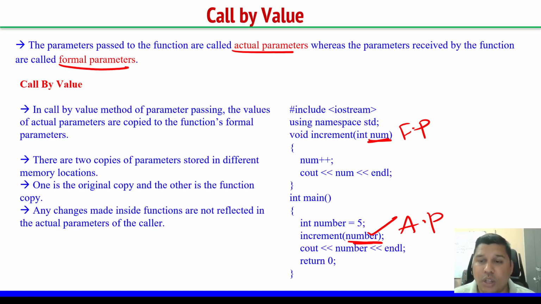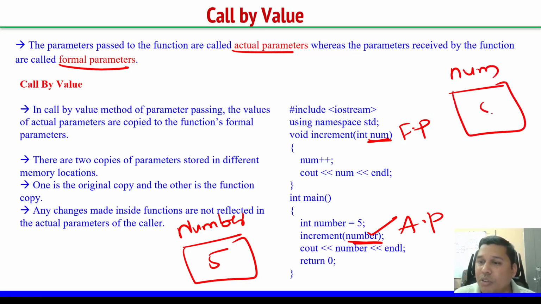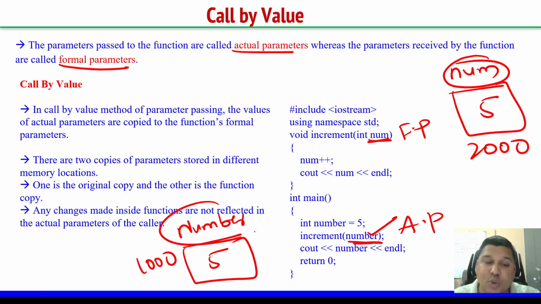And we all know why. See, when number is there in memory with 5, we have another variable num with value 5. Its address is 2000 and assume this address is 1000. Now you see, we say one point, right? Any change you make to these formal parameters is not reflected in the actual variable. Why? Because this memory location is different, that memory location is different.